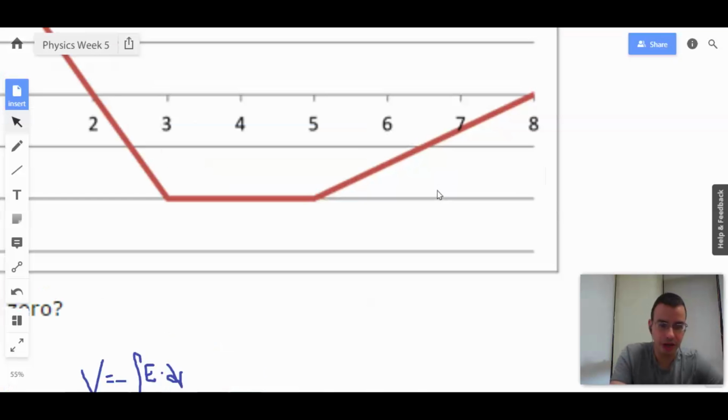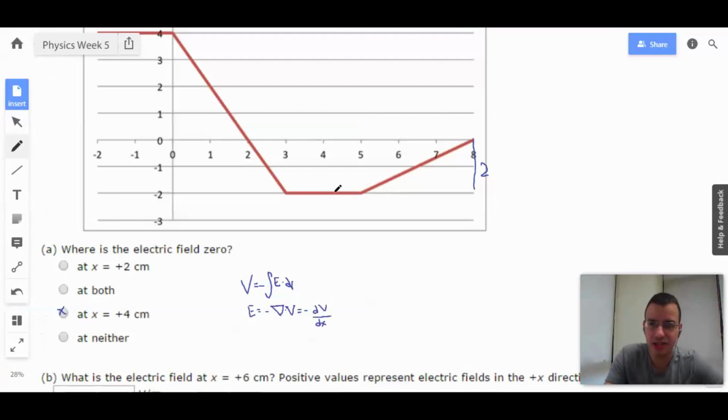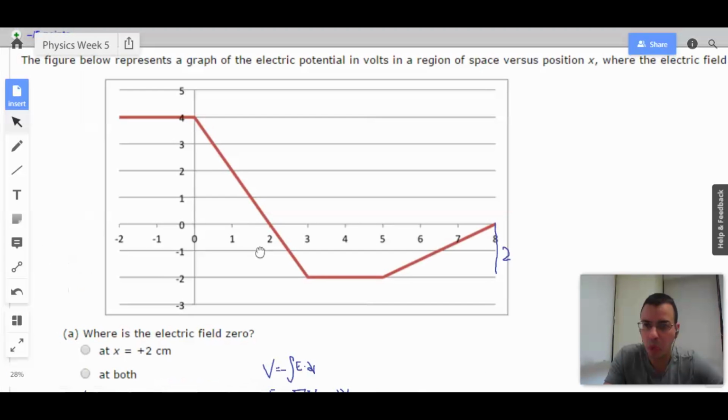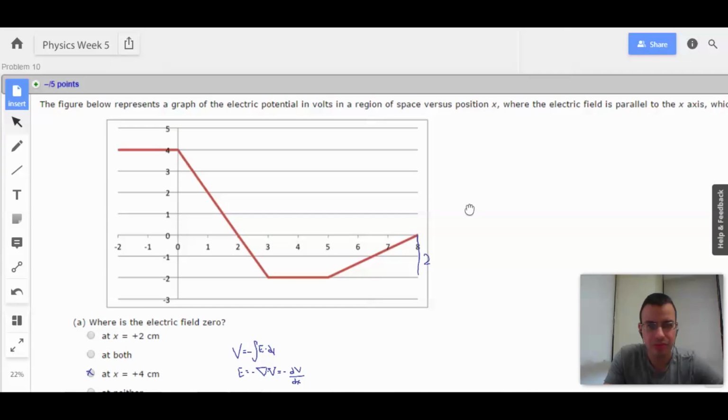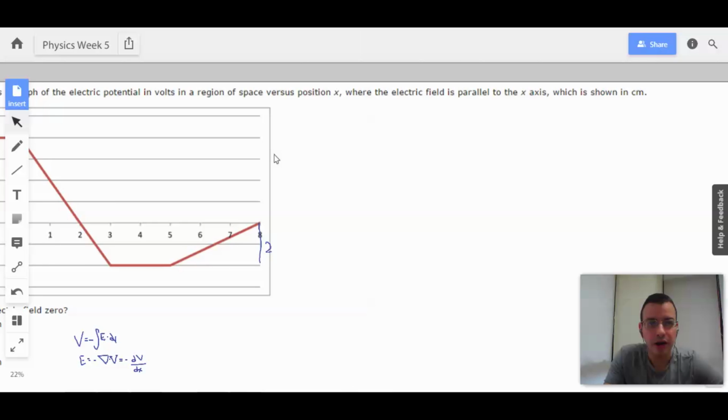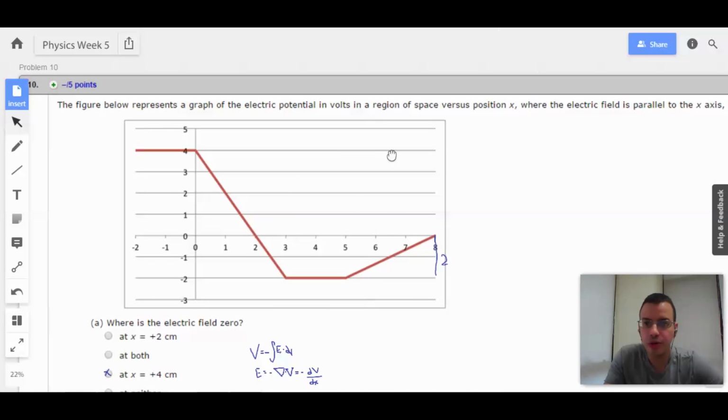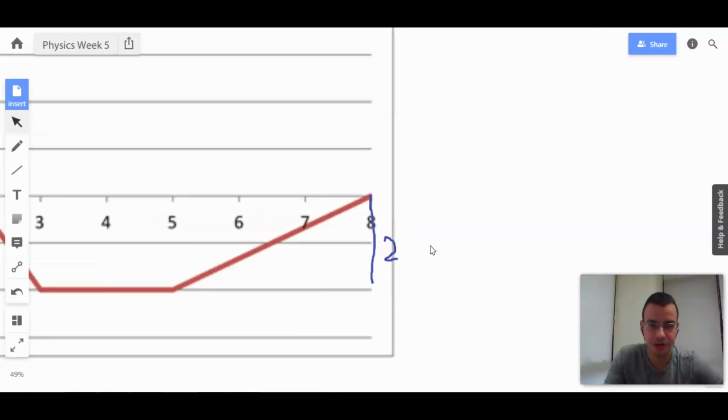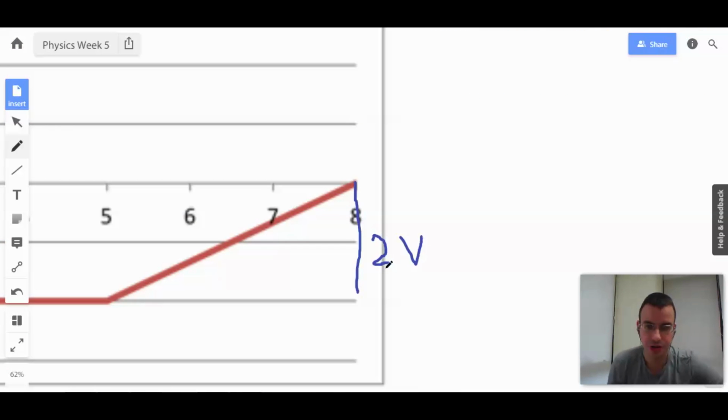Okay, so we can do that. Going back, this right here is 2 volts.